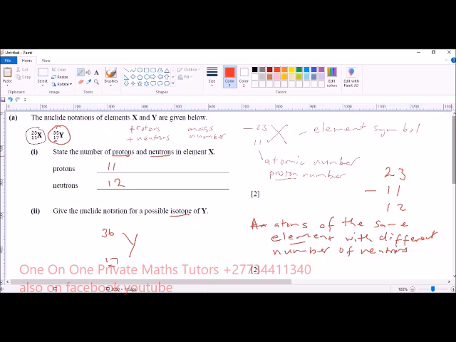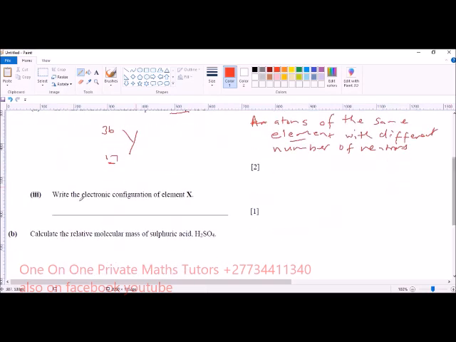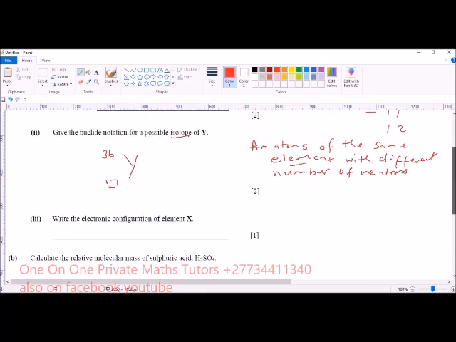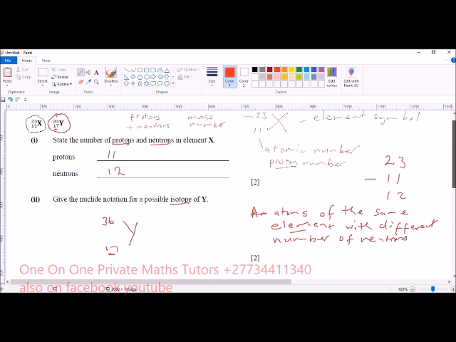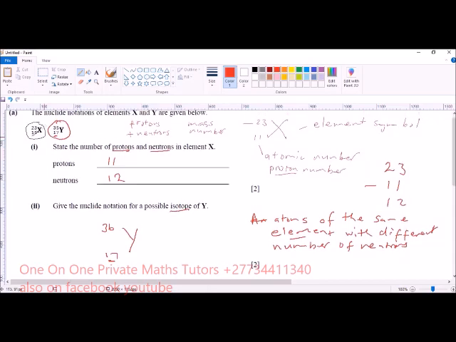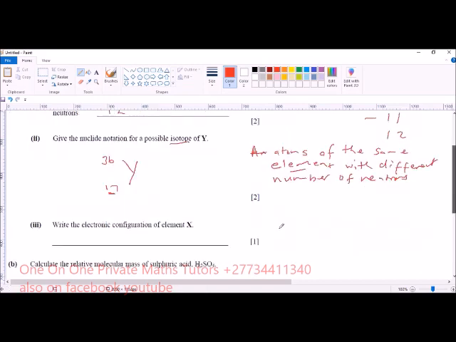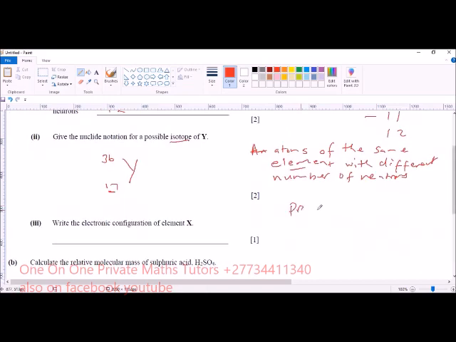That is an isotope. Write down the electronic configuration of element X. So, element X is 11 and 23, which means if it's an atom, the number of protons should be equal to the number of electrons. Okay? Protons equal to electrons. Why do we say that?